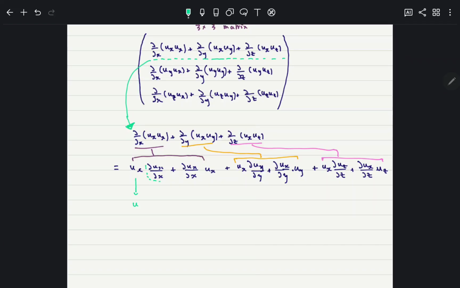The partial derivative with respect to x comes from the nabla operator, and again we have u here. Similarly, the second term starts with the nabla operator, which is applied to the velocity, and the whole thing is multiplied also by the velocity component.